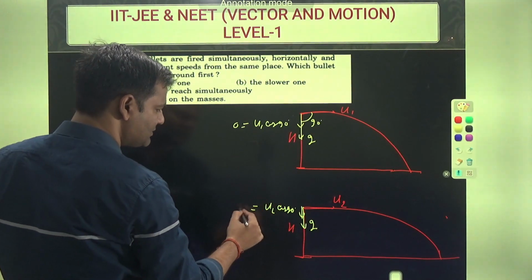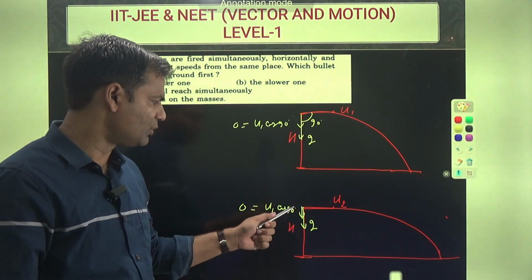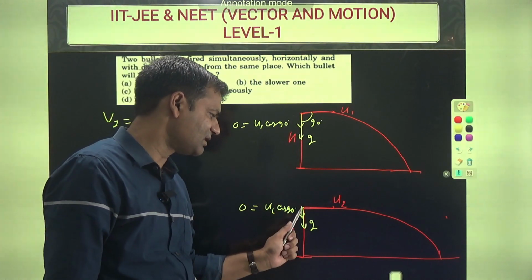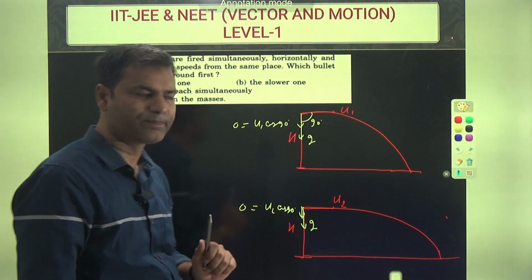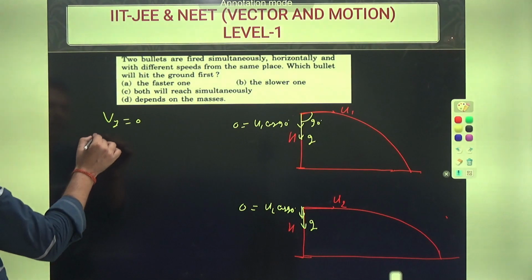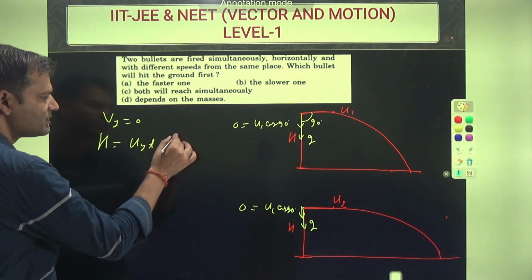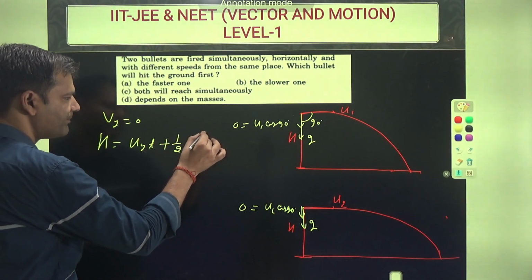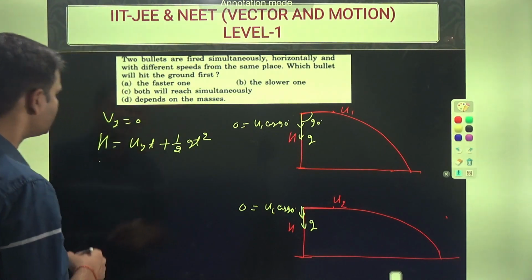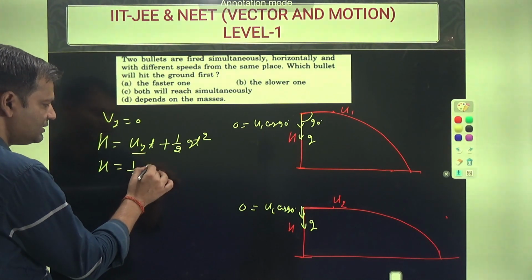The vertical component of the velocity is 0, so the initial velocity in the y direction is 0 for both. I know that h is written as uy into t plus half g into t square. Both heights are the same, capital H. Vy is 0, so we get h equal to half g t square.